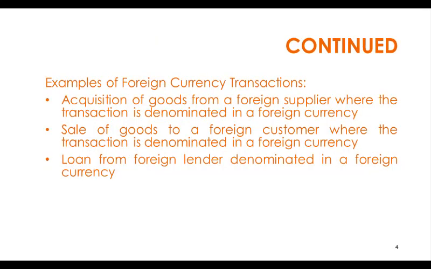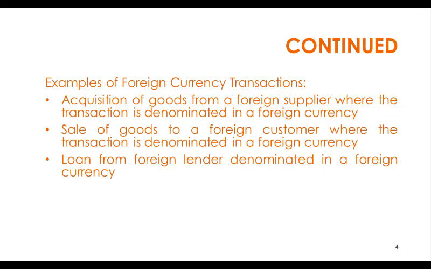Examples of foreign currency transactions are acquisition of goods from a foreign supplier where the transaction is denominated in a foreign currency. This is an example of importation. Sale of goods to a foreign customer where the transaction is denominated in a foreign currency. This is an example of export activity.